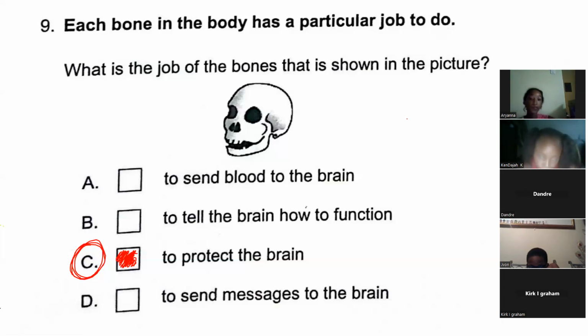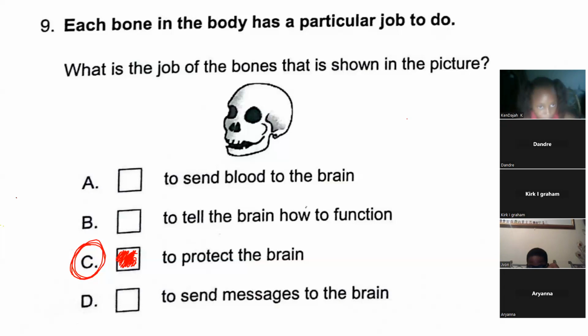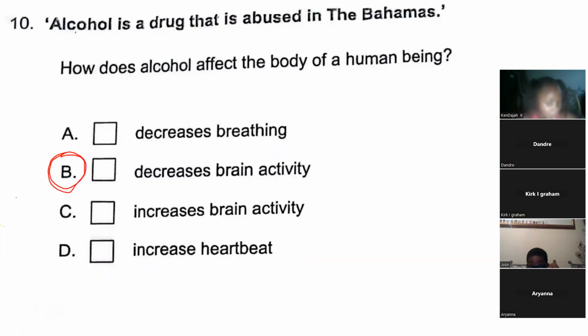All right, let's move on to the next question. Question number 10. Kirk, can you read number 10, please? Alcohol is a drug that is abused in the Bahamas. How does alcohol affect the body of a human being? A. Decreased breathing. B. Decreased brain activity.